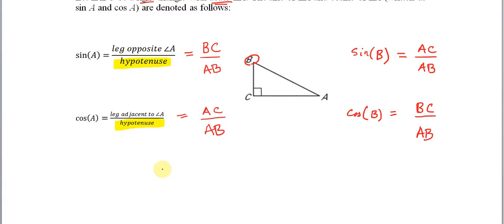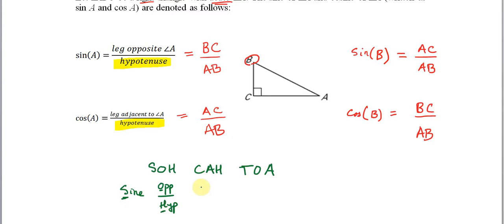The English language is nice because it allows us to have this great little acronym, SOHCAHTOA. This is a great way to remember the various trig ratios. The first part, SOH, is saying that the sine is equal to the opposite over the hypotenuse.